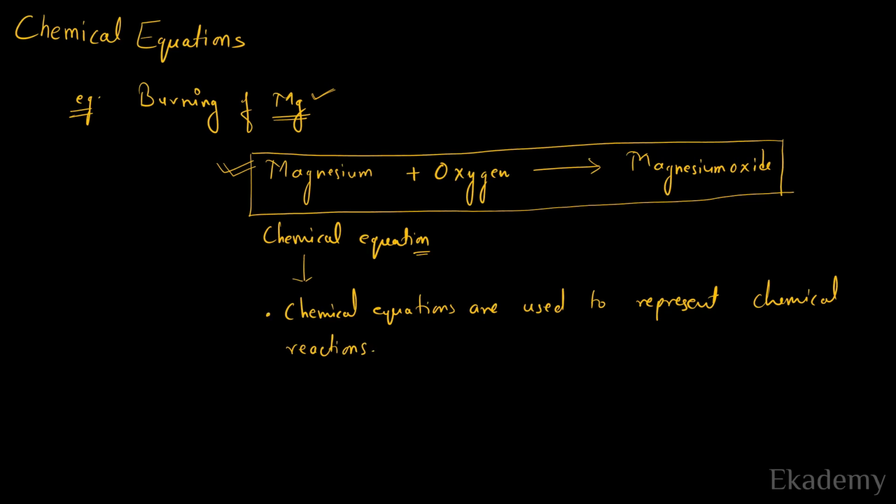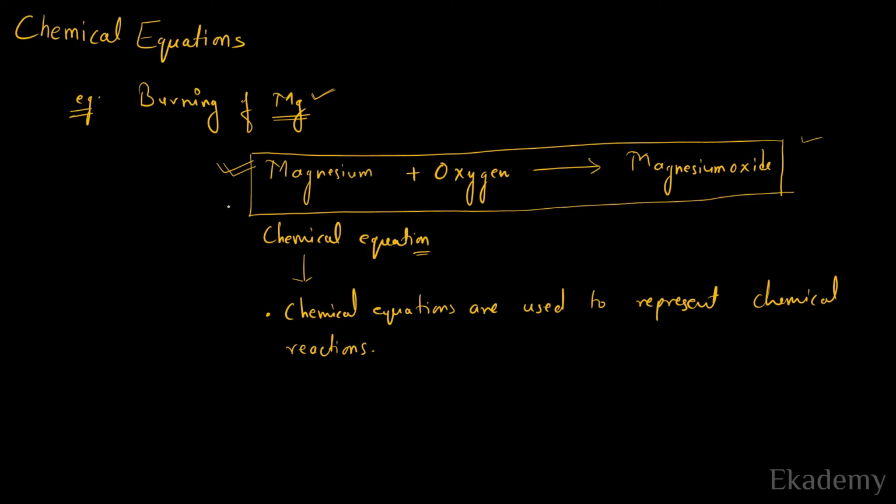Now, there are two ways in which this reaction can be represented. One way is written like this, where we have used the complete name of reactants and products. The other way to write the same equation is by using atomic symbols and formulae of the substances.